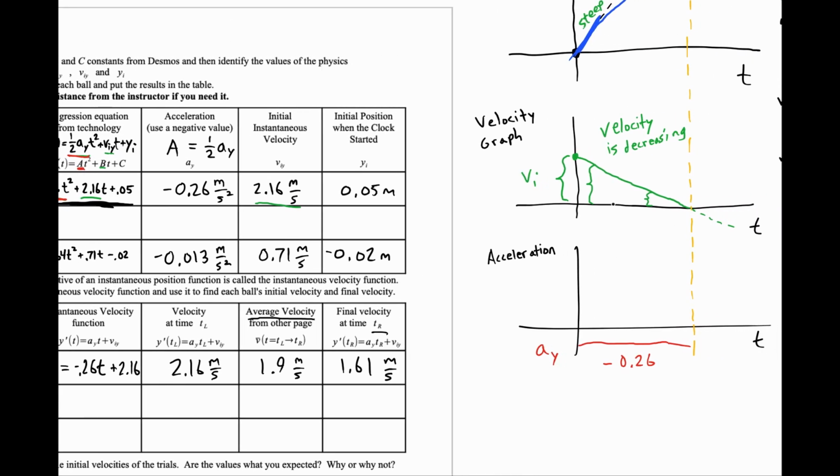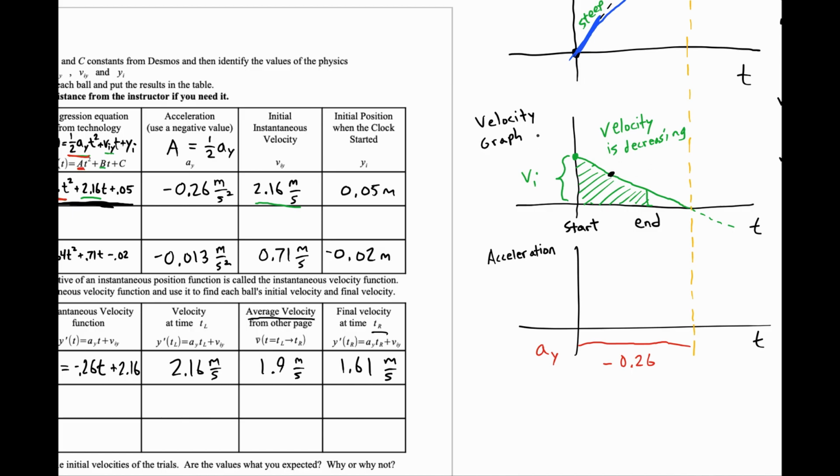So this is my start, and I didn't let it go all the way till it stopped on its own. I only let it go so far. So let's say from here to here. Somewhere in the middle there's an average velocity.